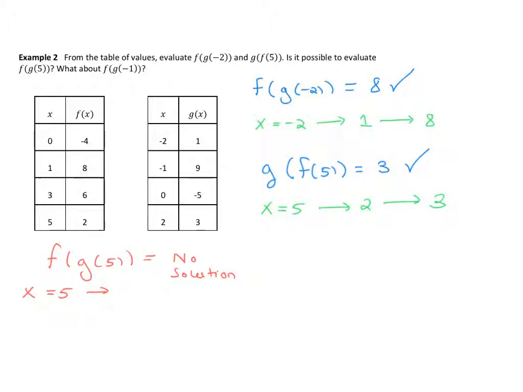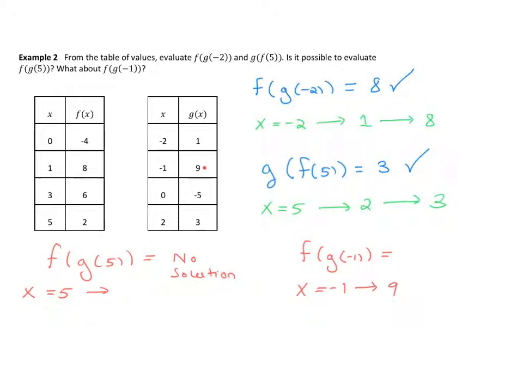Now, what if we compare that to this, f of g of -1? Let's check that out. So f of g of -1, what is this equal to? We're starting with -1, and again, we're first going through the function for g. Oh, and this is good. Here's -1, and it goes to 9. So no problem yet.